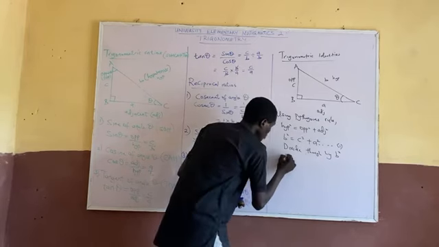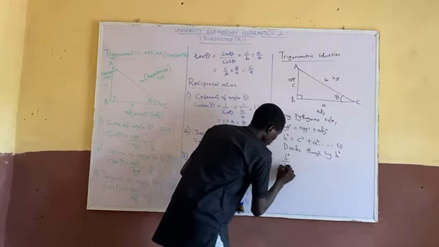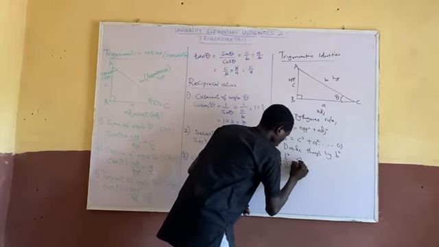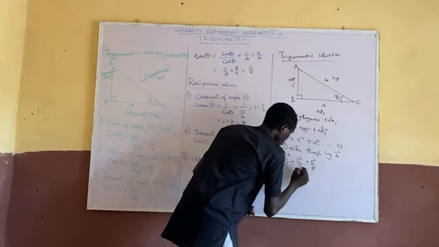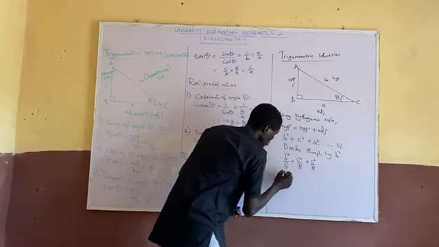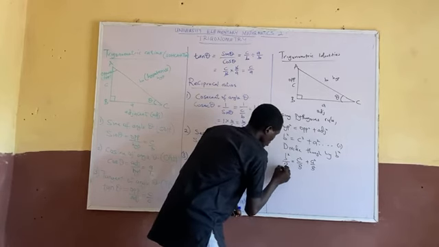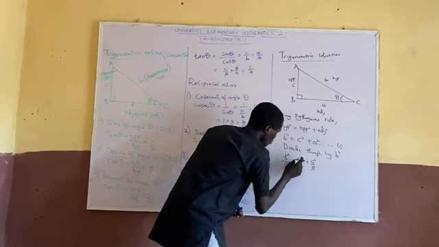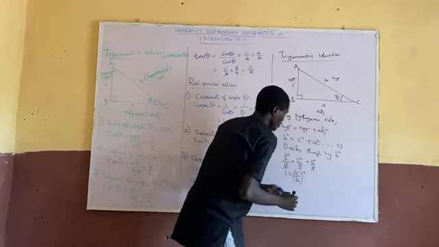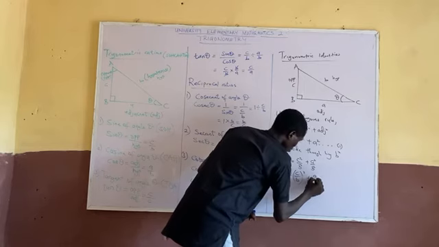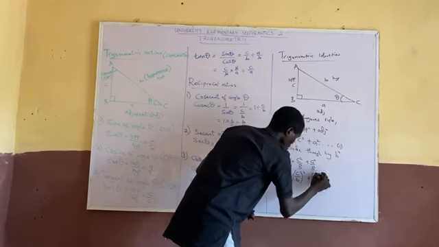So we have b square all over b square equal to c square all over b square plus a square all over b square. So b square cancels, and we have only 1 left. So we have 1 equal to c all over b all square plus a all over b all square.